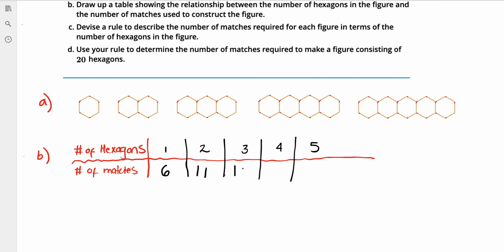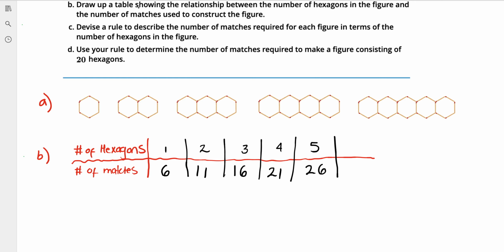So it's going to be 16, 21, and this one will be 26. You can count if you want to make sure. 1, 2, 3, up to 26.